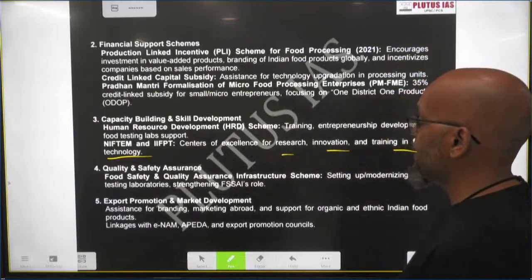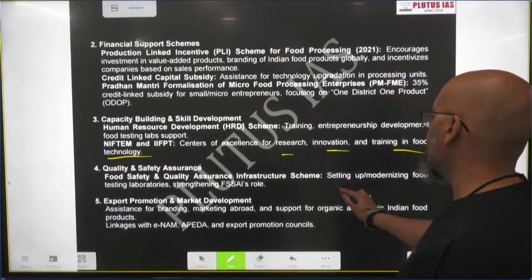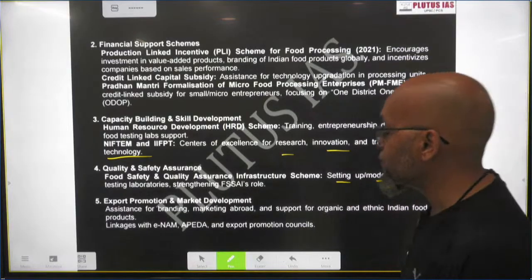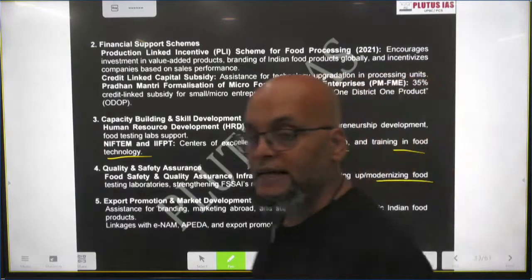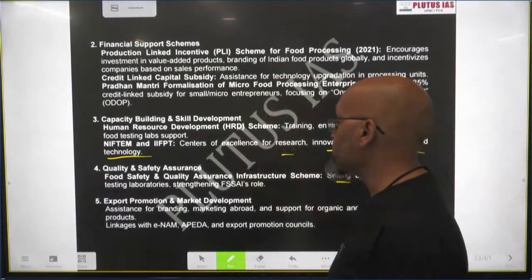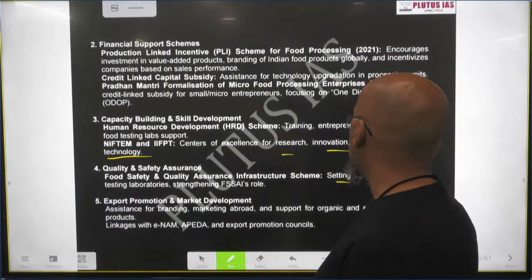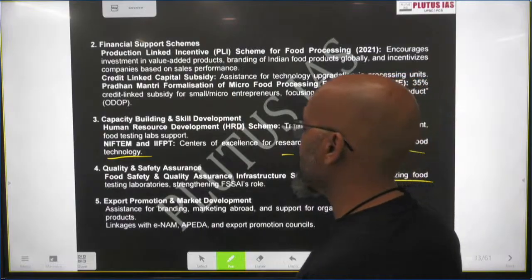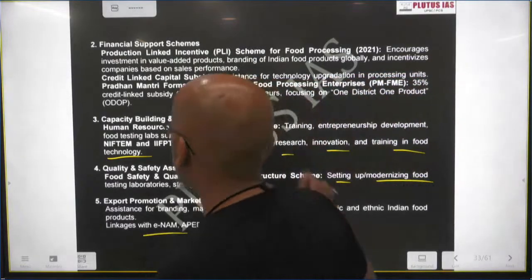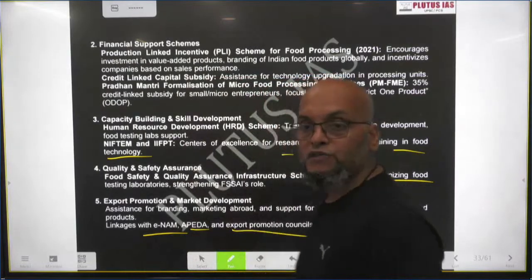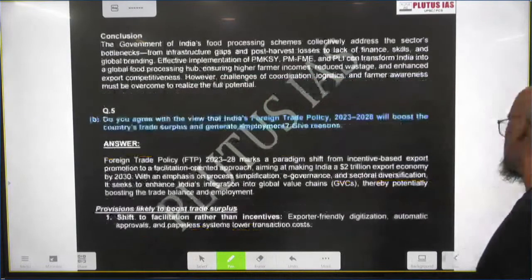Quality and safety assurance: Food Safety and Quality Assurance Infrastructure Scheme, setting up and modernizing food testing laboratories and strengthening FSSAI's role. Export promotion and market development: assistance for branding and marketing abroad, support for organic and ethnic Indian food products, linkages with the eNAM portal, APEDA and Export Promotion Councils.